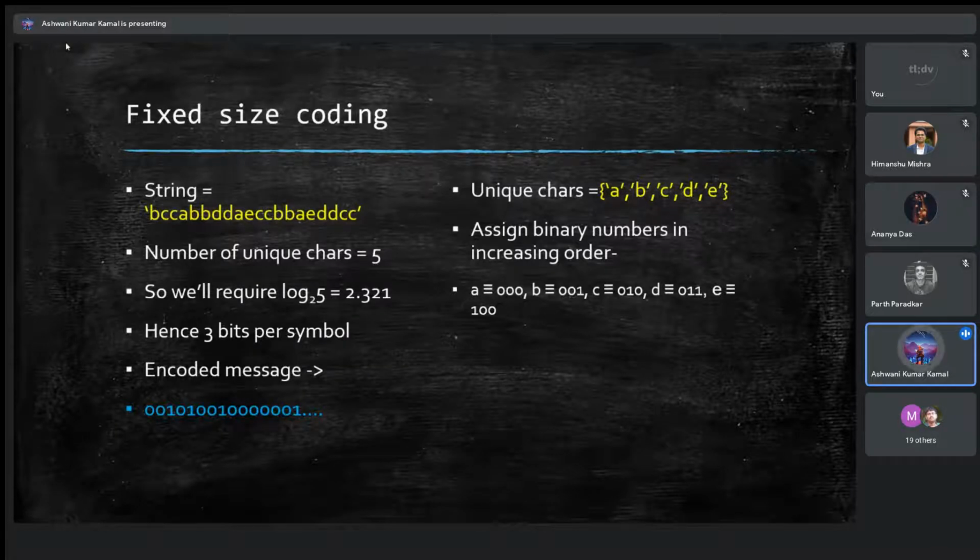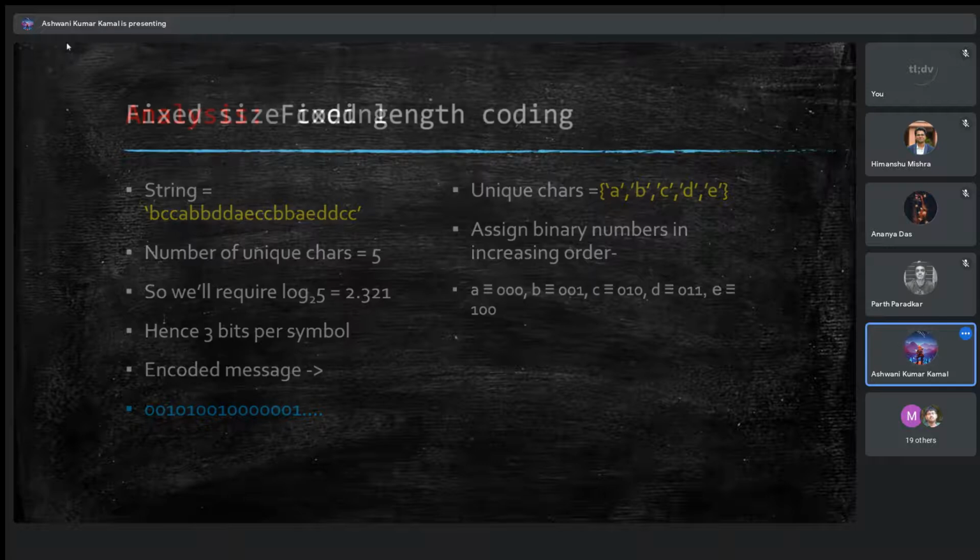There are 5 unique characters: A, B, C, D, E. Now we'll assign binary numbers in ascending order, and to find out how many bits we require per symbol, we take the log of the number of unique characters to the base 2, which is 2.3, and then take the ceiling of it because we are dealing with discrete numbers, hence 3 bits per symbol. So A goes to 000, B goes to 001, C goes to 010, D goes to 011, E goes to 100, and we can encode the original string in this form.